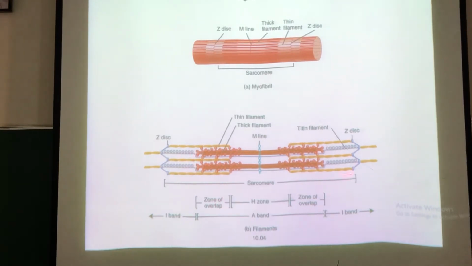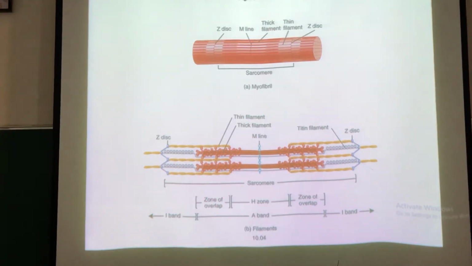Now, you have a region where you have overlap between thick and thin filaments, called the zone of overlap, but also you can have a region where you have no overlap between thick and thin filaments, and we are calling it the H zone.